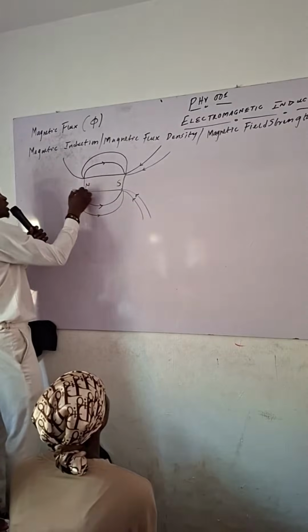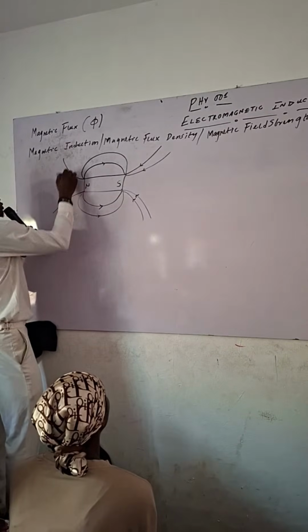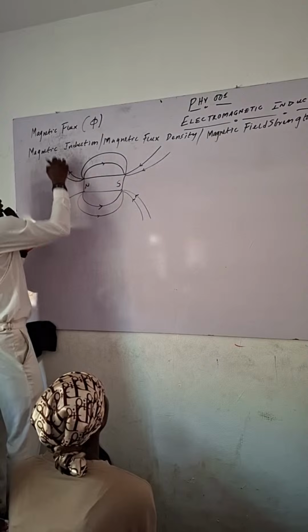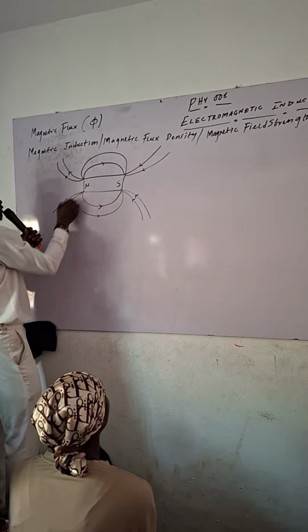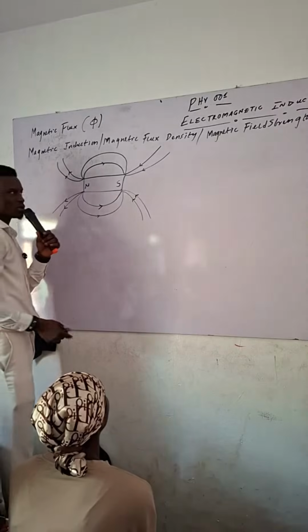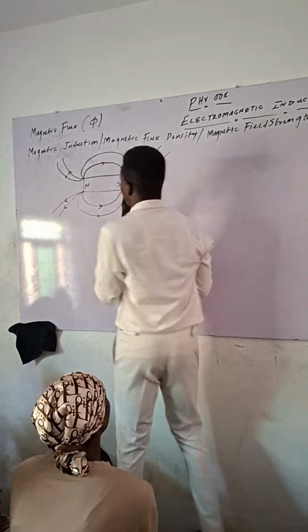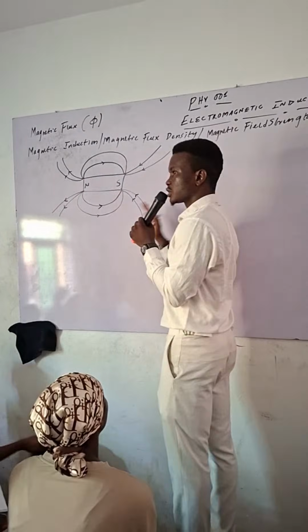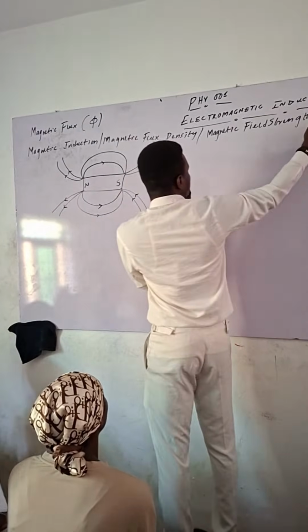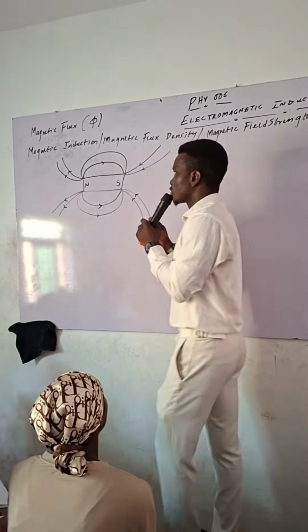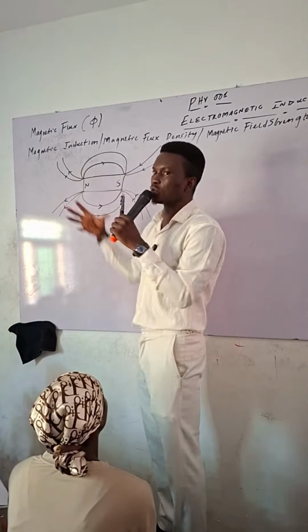And what I'm drawing now is not strange to you, except you are just joining. Or you would have also been taught in your secondary school. So now, this is the magnetic field. When you talk about magnetic field strength, you're just talking about all these magnetic field lines.